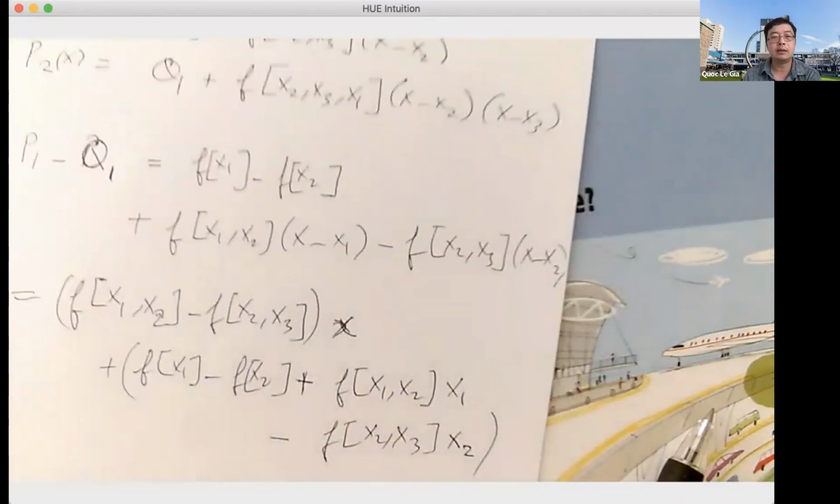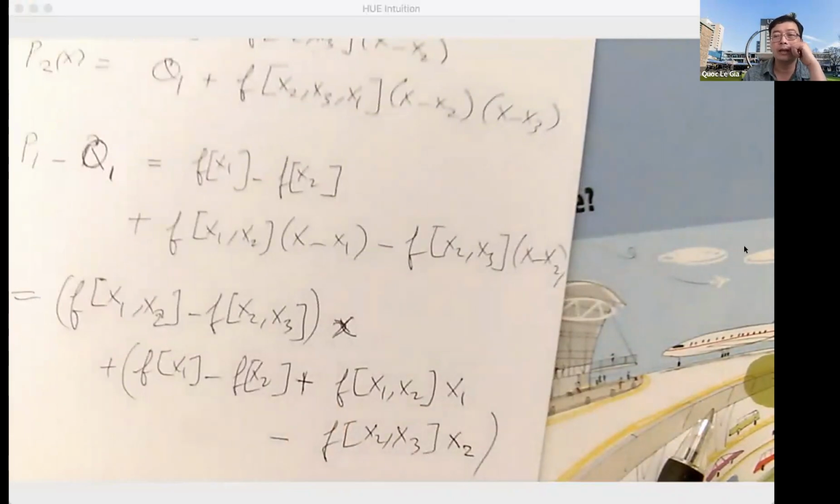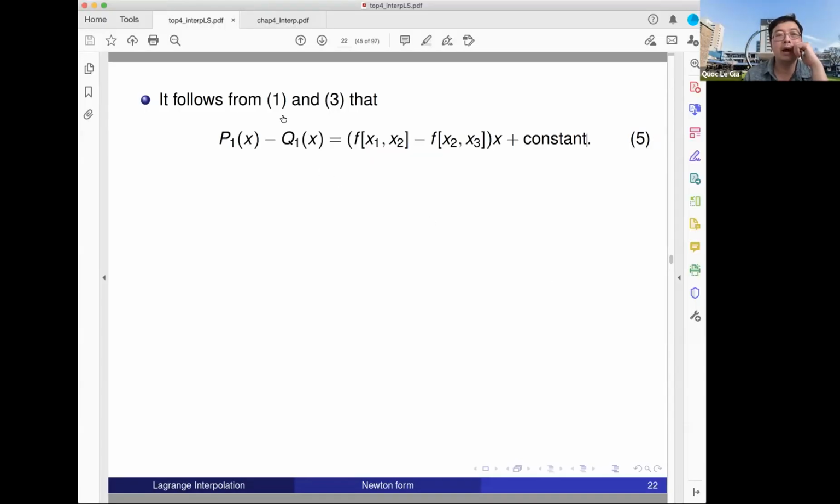Okay, so that is my first subtraction. And now if you go back to the slide, that is what I claim here. So the claim is, if I take 1 minus 3, on the left I got P1 minus Q1. If I worry about the linear terms, then this is the linear term, and then plus some constant.